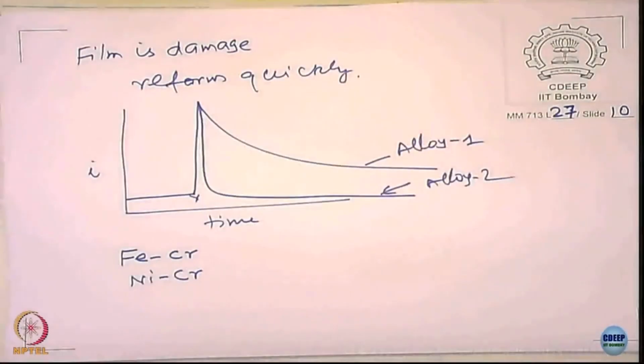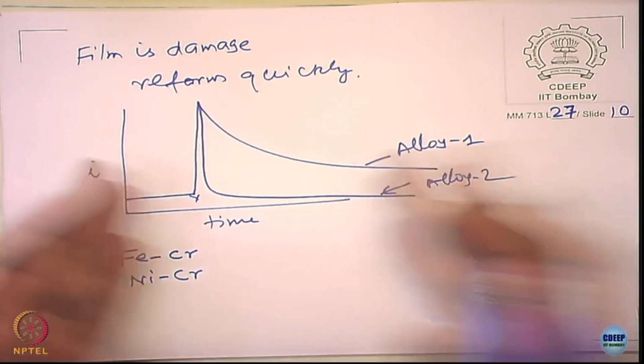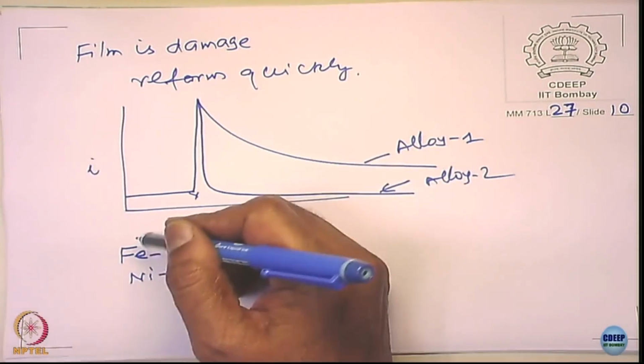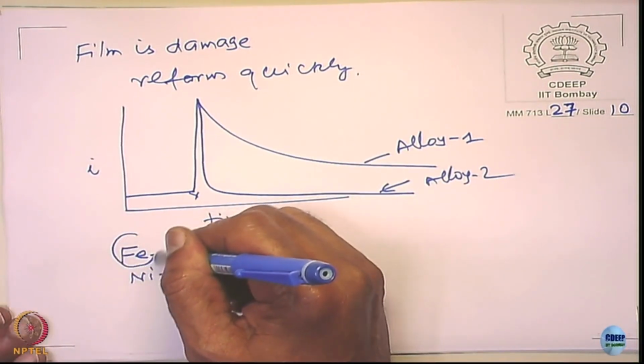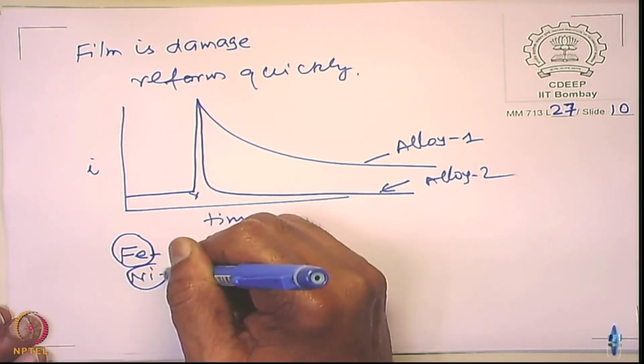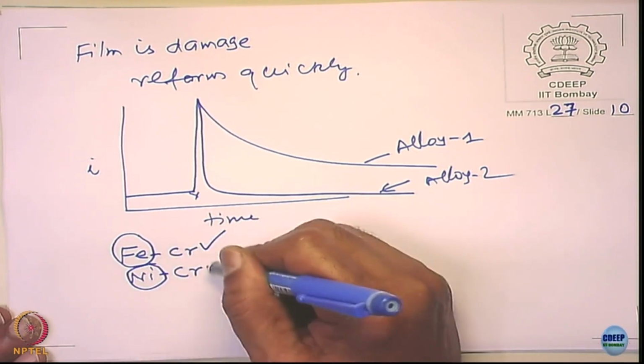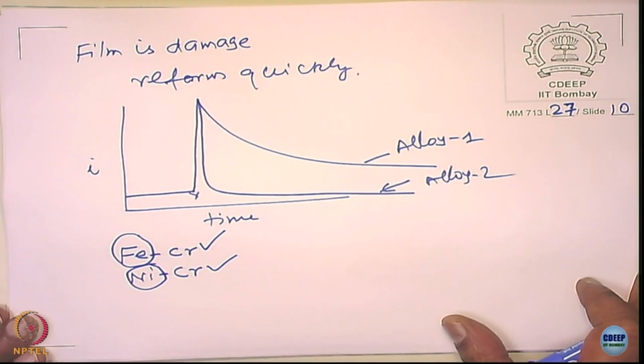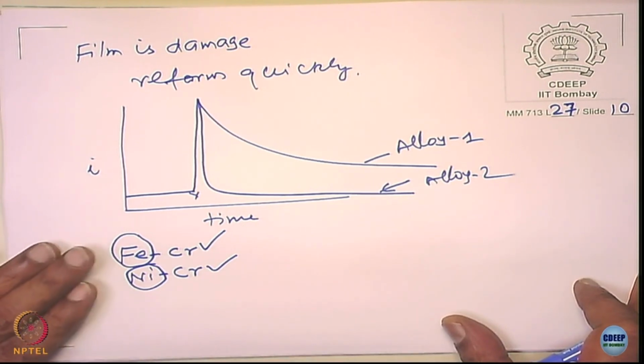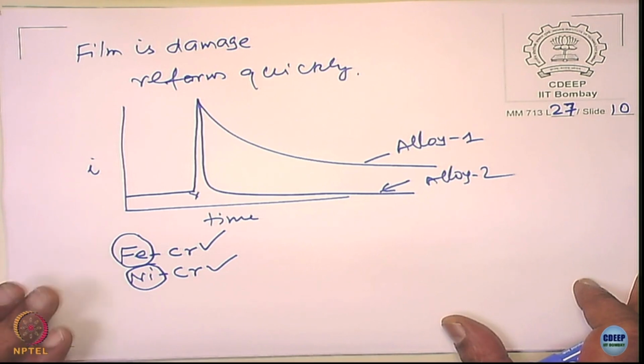You got my question? I am not giving other elements present here, I am just giving the base alloy: it is iron based, it is nickel based, I have chromium here and chromium here. Assuming that the hardness is same, which of these two will have better erosion corrosion resistance and why?